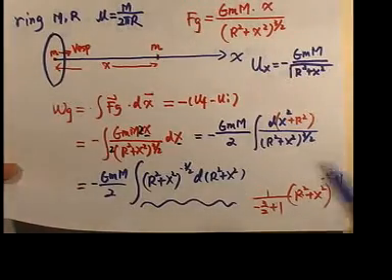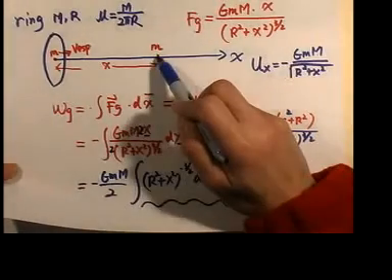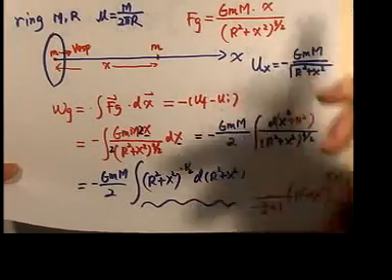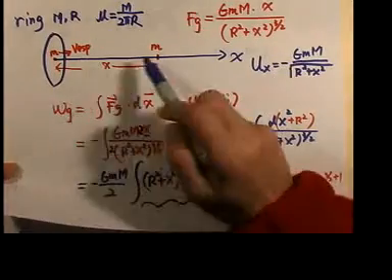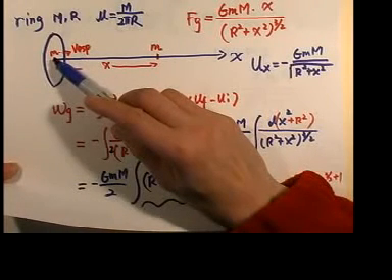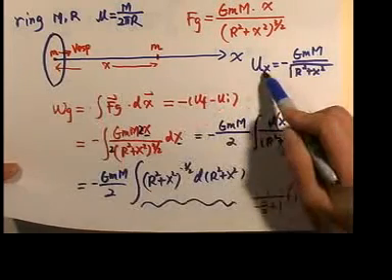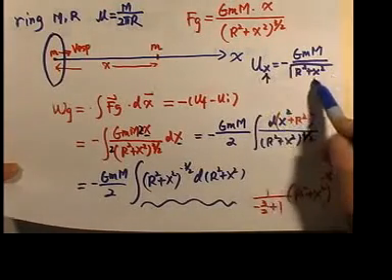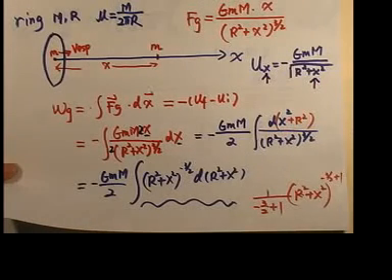So since we know the potential energy right here is this much, if we assume x equals 0, then it will bring this guy to here. So the potential energy at the center of the ring, when x equals 0, doesn't equal 0.